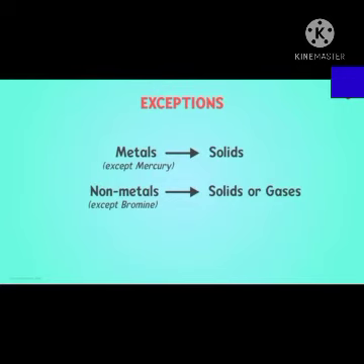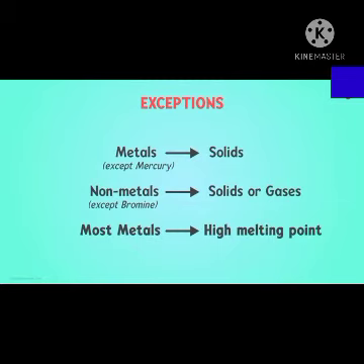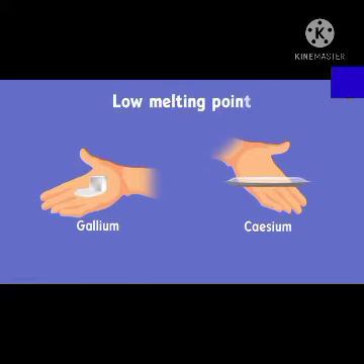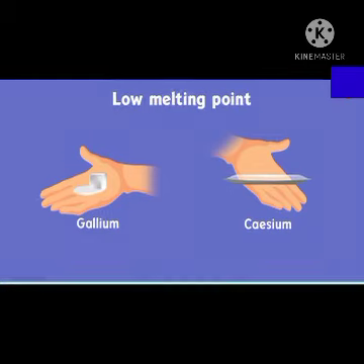For example, most metals have a high melting point, which means they need a large amount of heat to melt. But look at the two metals, gallium and cesium. They melt when you keep them on your palm. We must see that these two metals, however, have a very low melting point.